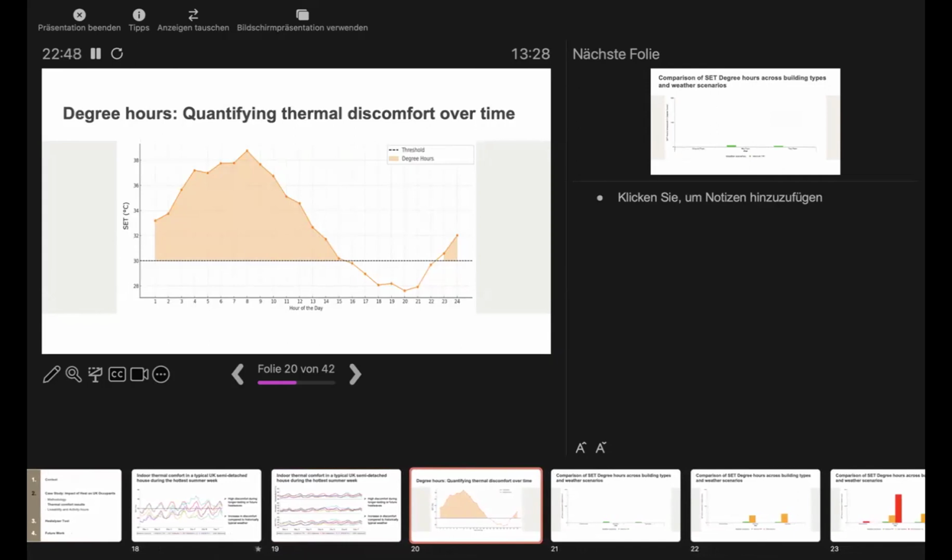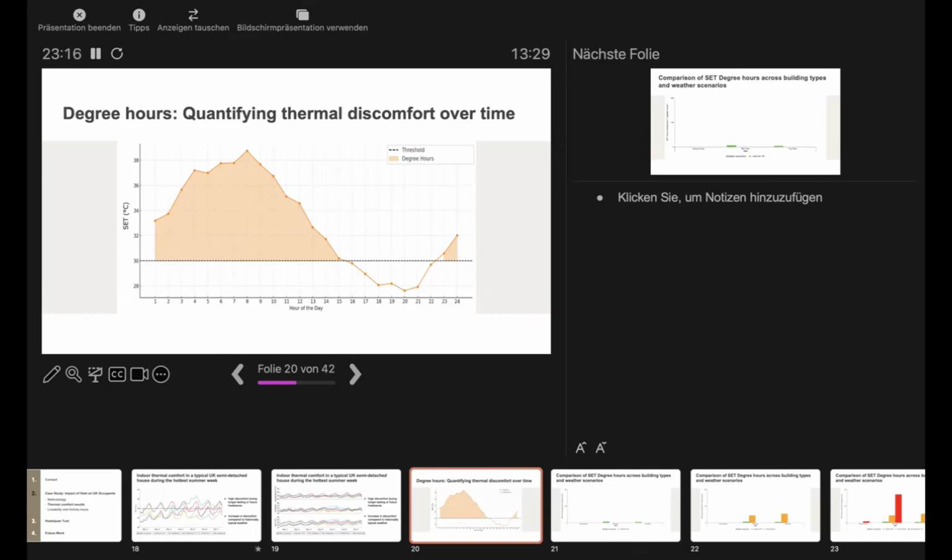So we look at the hottest week, this heat wave week, and every time that for a particular weather scenario and building we cross the threshold, we add up the difference between the observed value and the threshold. So we calculate this difference and add it up over the whole heat wave week, which gives us a measure of how often we are in the uncomfortable range, but also by how much.